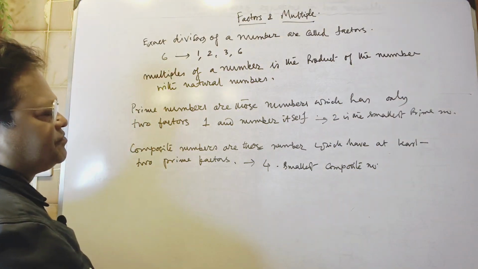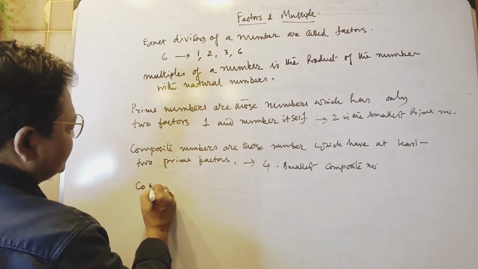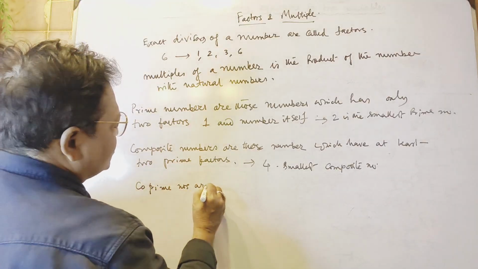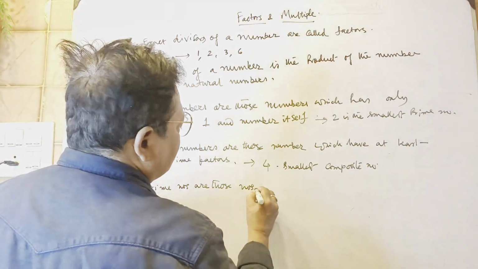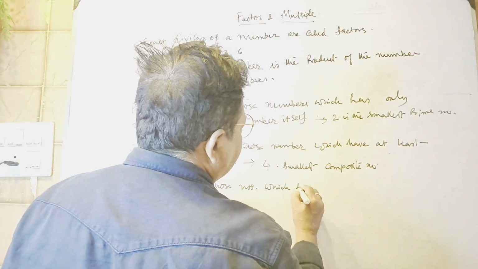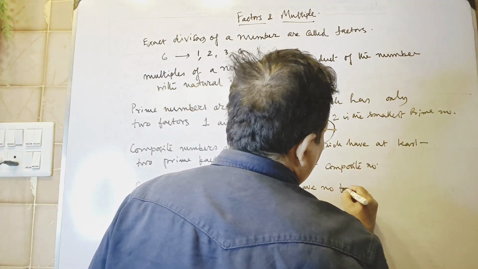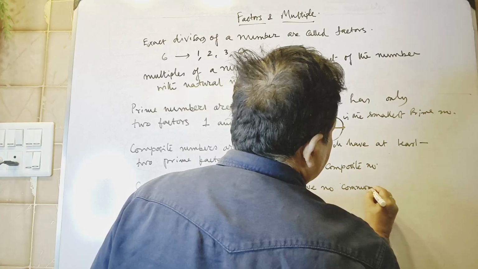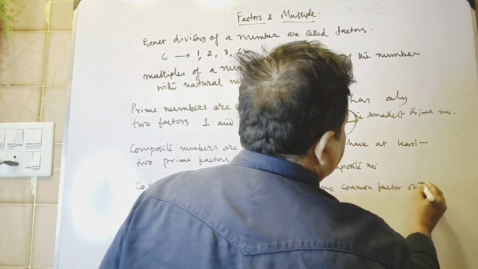Now another one is co-prime numbers. Co-prime numbers are those numbers which have no common factor other than 1.